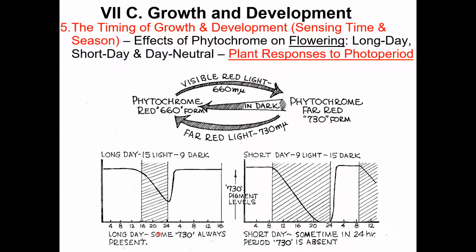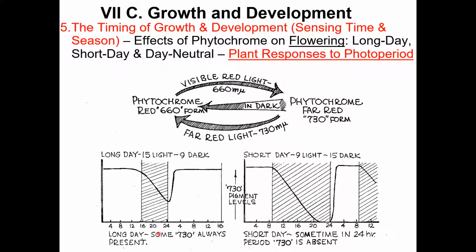P660 converts to P730 when you expose it to red light. And on the other hand, the far red form, P730, changes to the 660 form when exposed to far red light.